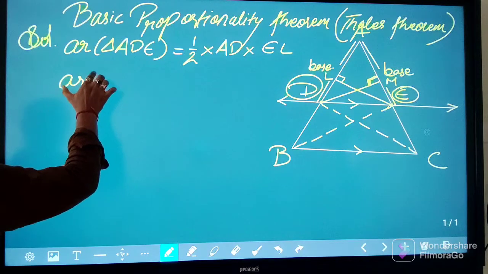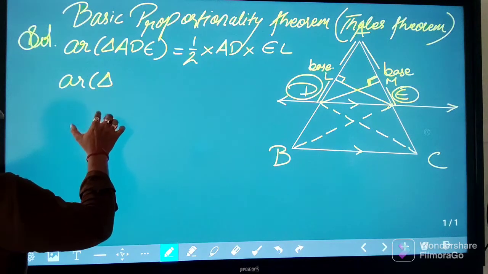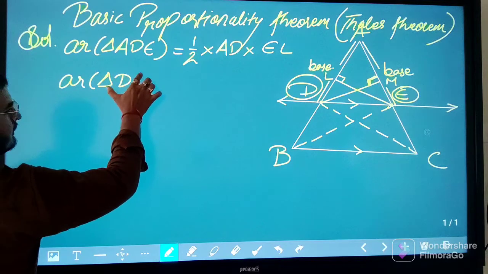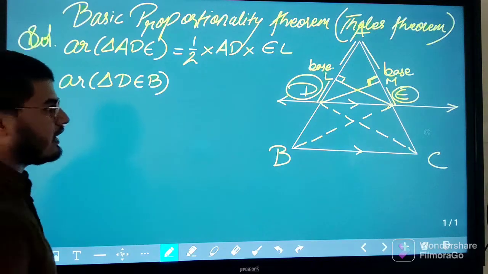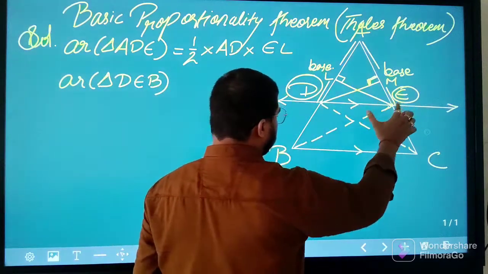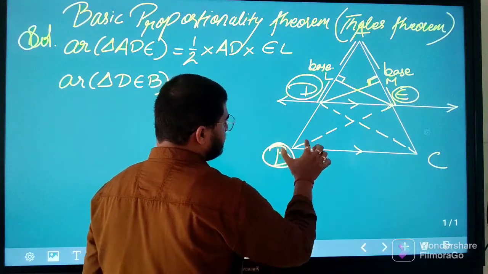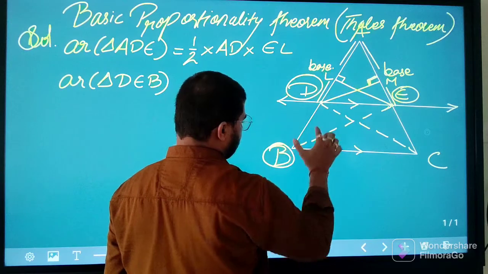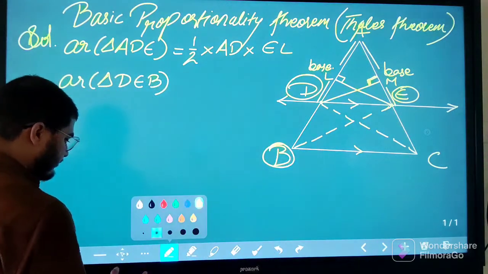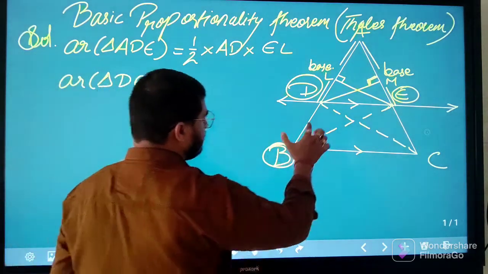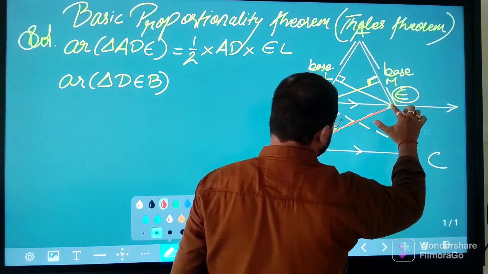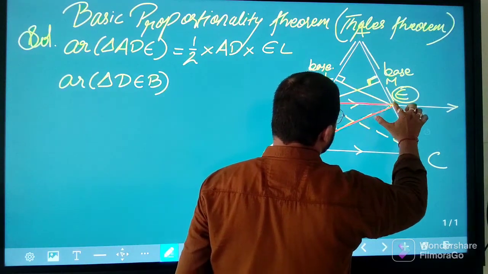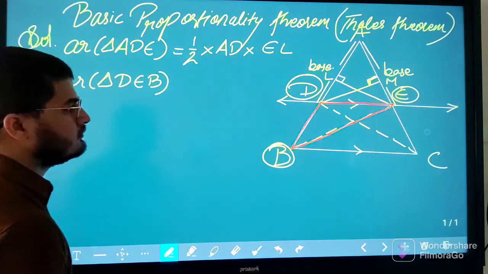Similarly, can you please tell me what will be the area of triangle DEB? First of all, learn how to see the triangle DEB. Now I am talking about this triangle DEB.